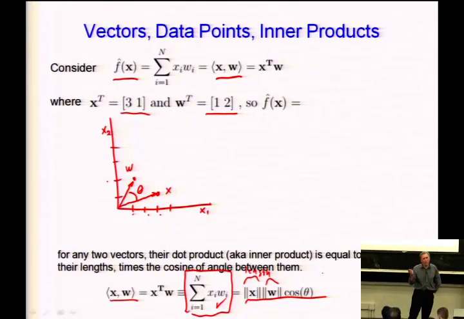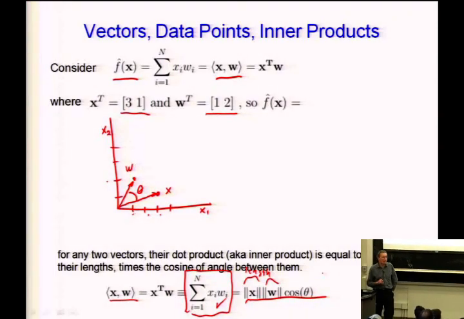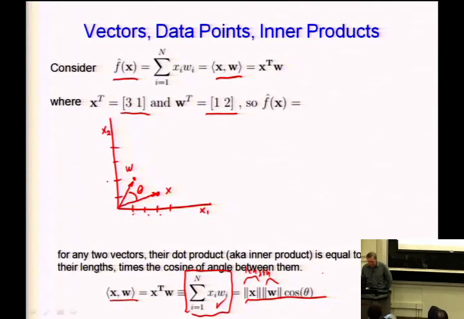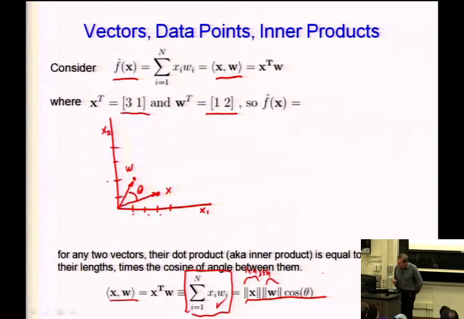And you can prove this to yourself rather easily, but it's a simple fact. And I find this very useful when I'm thinking about vector algebra and linear algebra to keep this in mind.